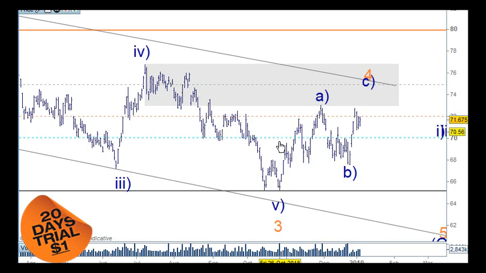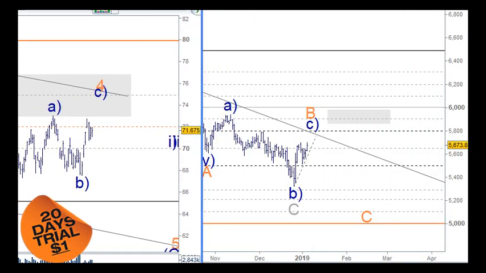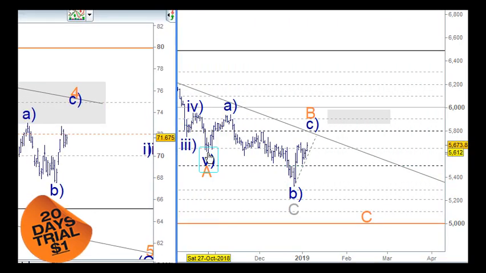So really all of this move from this low here to here represents much the same as this here. So from this low in October to here, down to here, this is corrective. So it's not such a silly thing to count it like this.